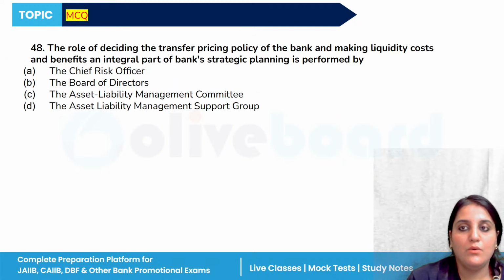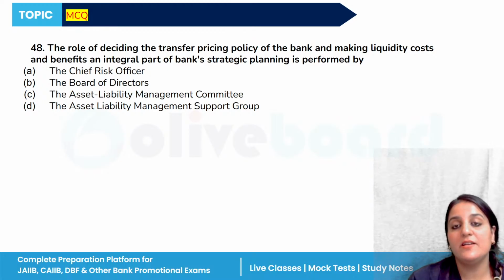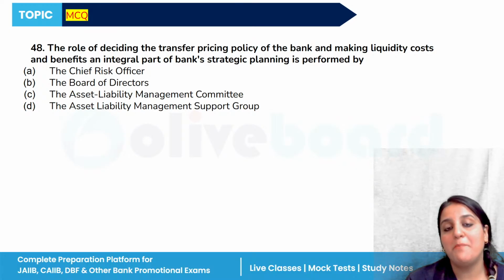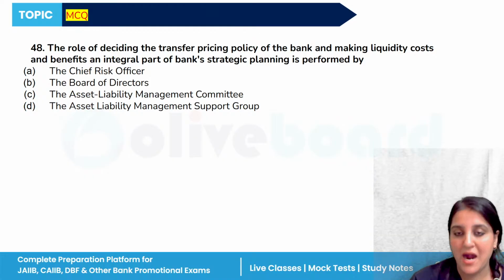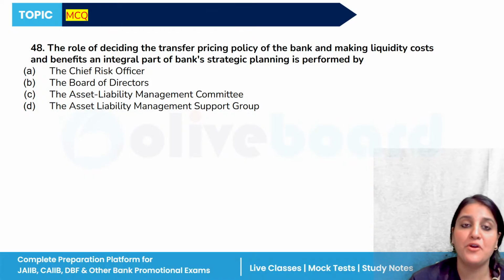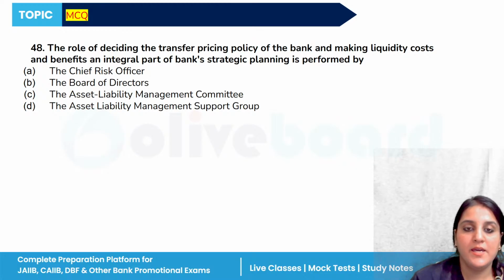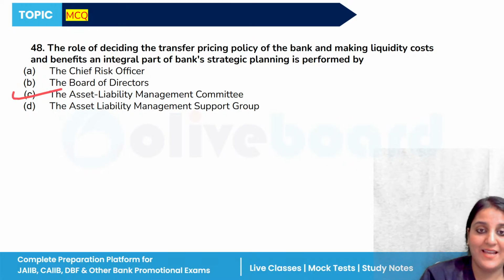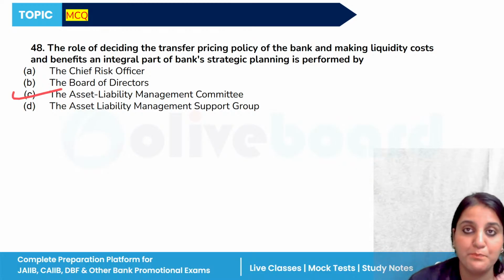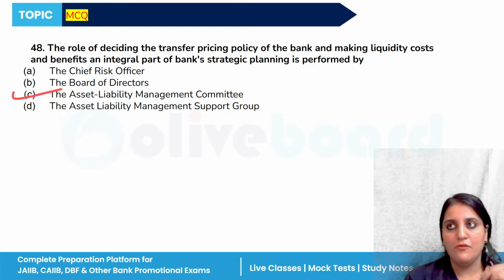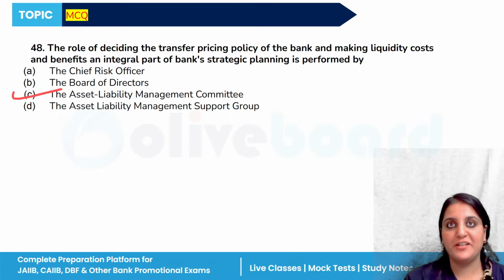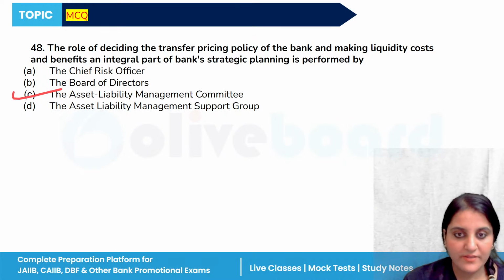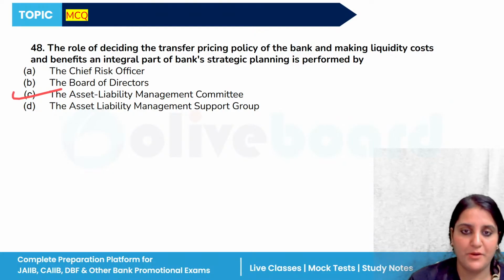Who is playing the role in deciding the transfer pricing policy of the bank and making liquidity cost and benefits an integral part of bank strategic planning? See, here ALCO is the correct answer. Why ALCO? This committee is completely responsible for the bank's balance sheet. It also includes the management of liquidity risk, interest rate risk, and overall financial performance.